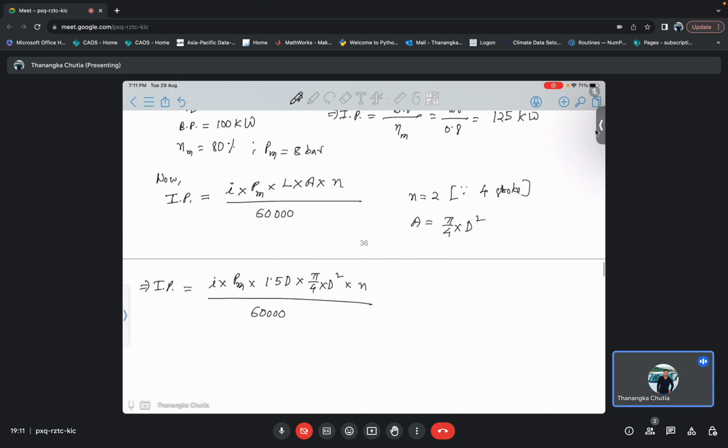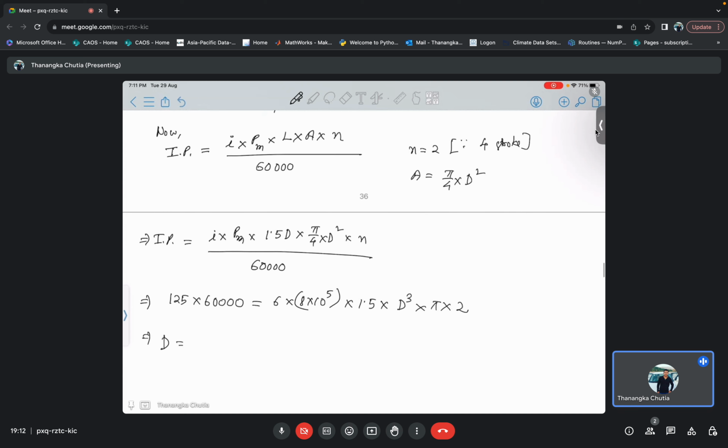So from here, indicated power is 125 into 60,000. I is equal to 6, PM is equal to 8 into 10 to the power 5. So this is your PM into 1.5 into d cube into pi into 2. So from here, d is equal to 125 into 60,000 divided by 6 into 8 into 10 to the power 5 into 1.5 into pi into 2, all to the power 1 upon 3.